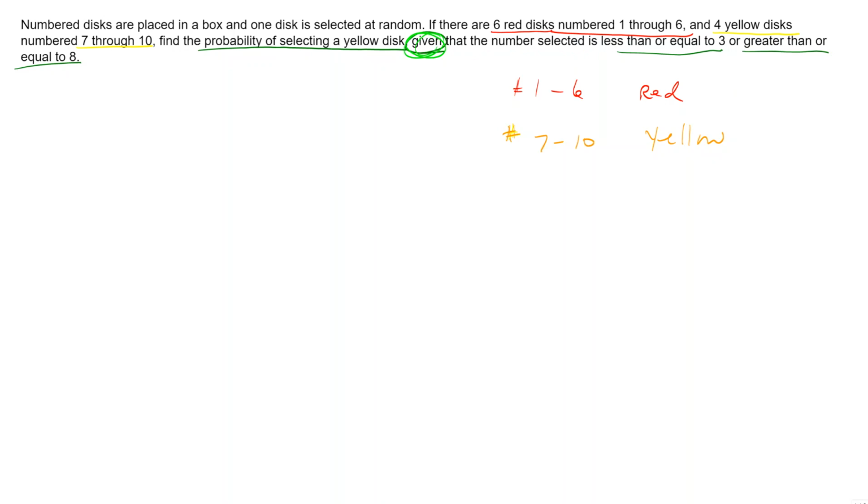Okay. So let's say I want to find the probability of selecting a yellow disc given that the number selected is either less than or equal to 3, or greater than or equal to 8.